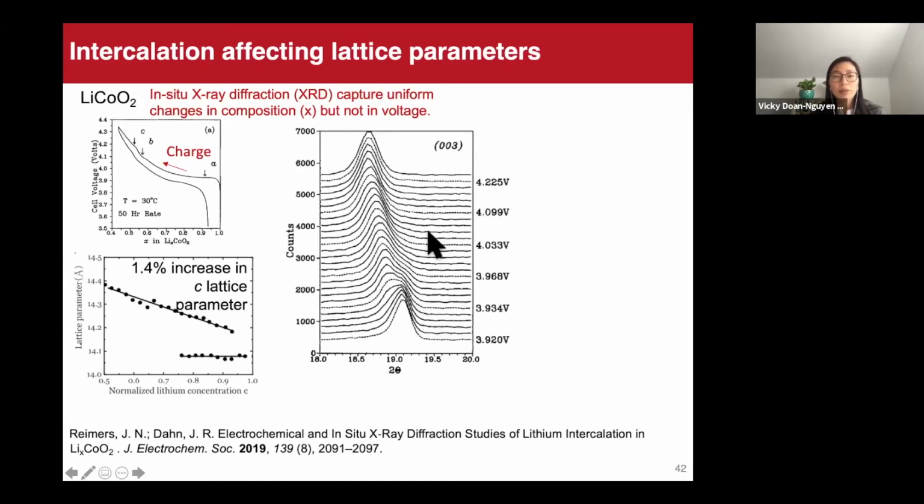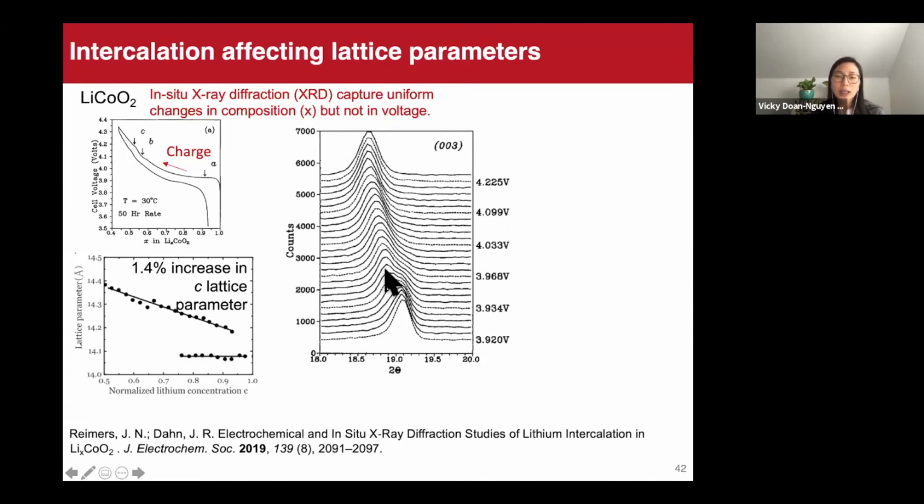And what others have done is that they've actually performed what's called in situ X-ray diffraction. X-ray diffraction is shortened to XRD. So in situ XRD means that they have fabricated a cell and looked at the X-ray diffraction through a window as the battery is cycling. So at no point did they have to take apart the cell to look at the structure.